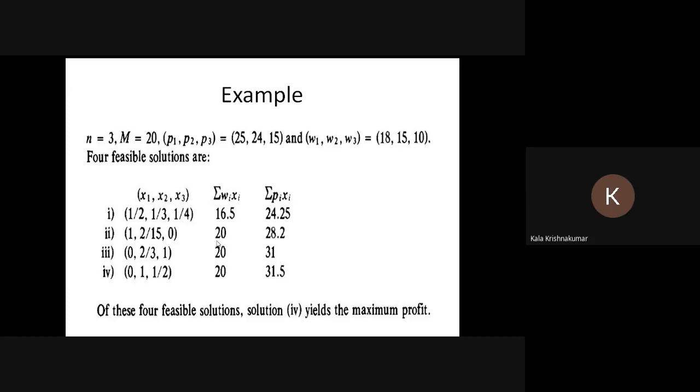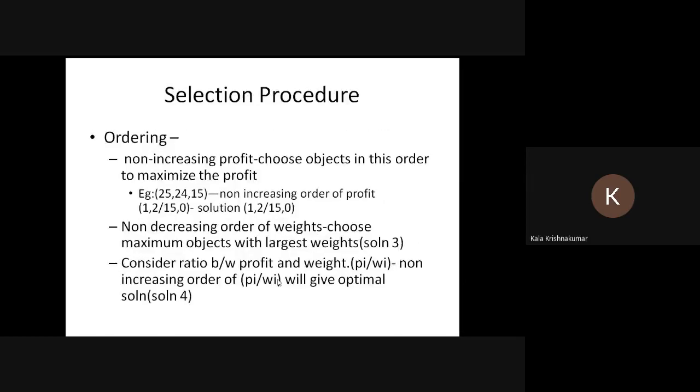If you go like this, the total weight is 20, and you'll get a profit of 31. That is again not an optimal solution, because we got an optimal solution where the profit is 31.5. So this one will not give you an optimal solution.